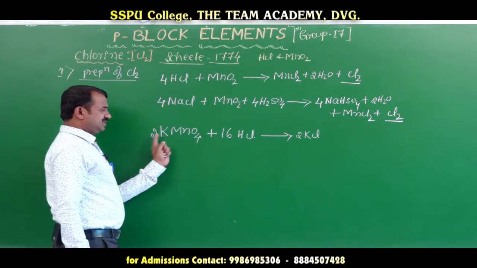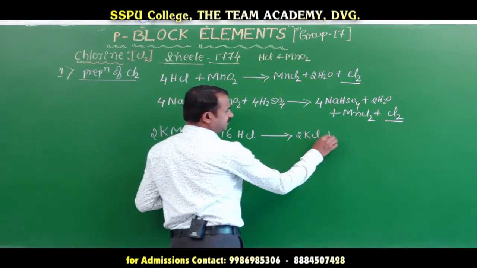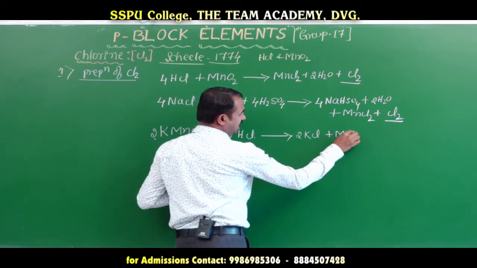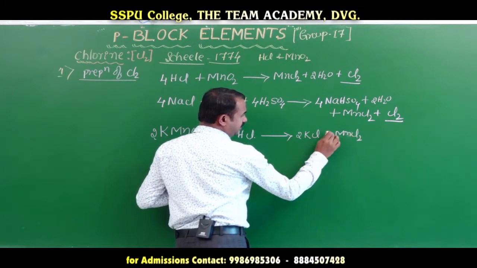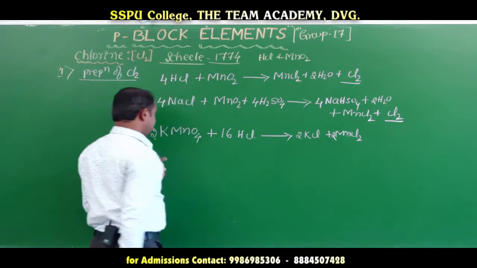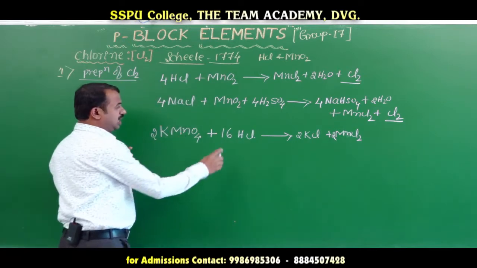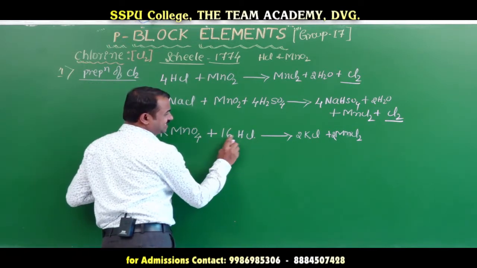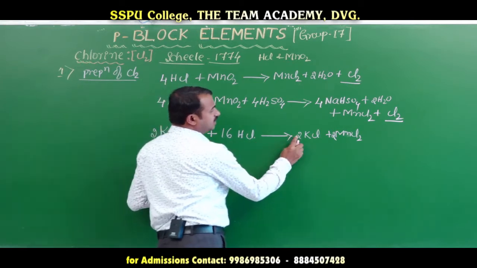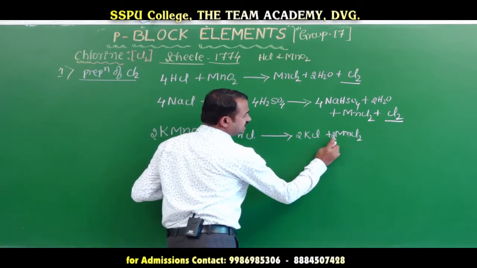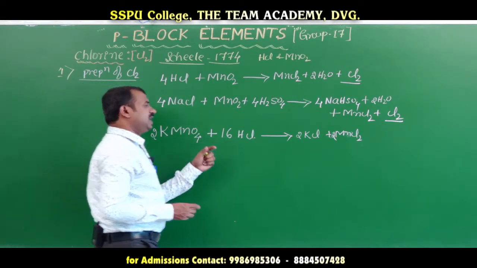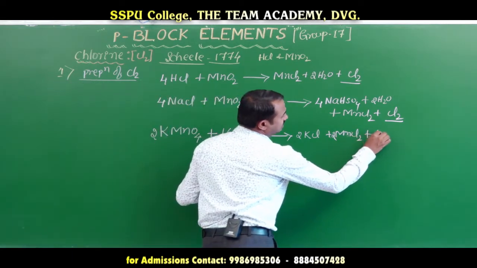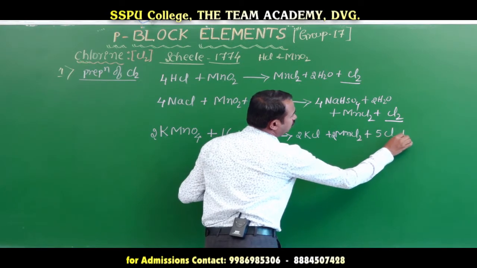How many manganese? 2, so 2 manganese chloride. Total chlorine is 16. Out of 16, 2 Cl and 4 Cl, total 6 Cl, are consumed. The remaining 10 Cl are released as 5 molecules of chlorine.